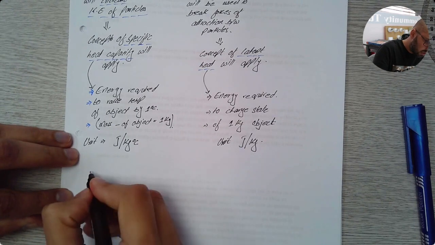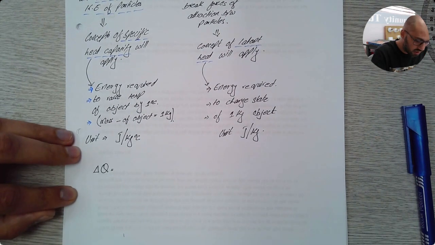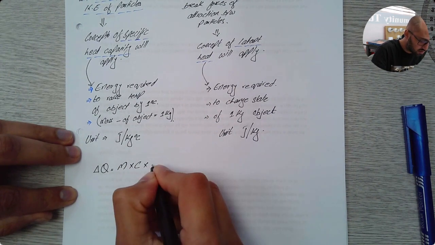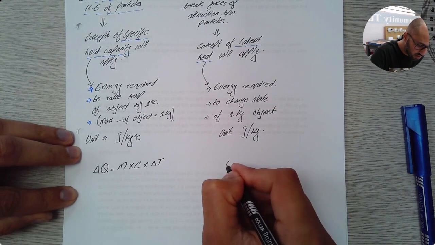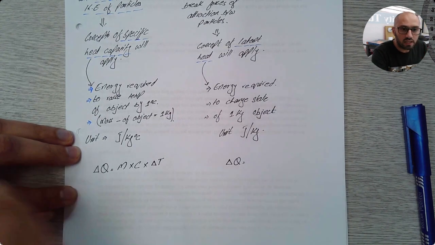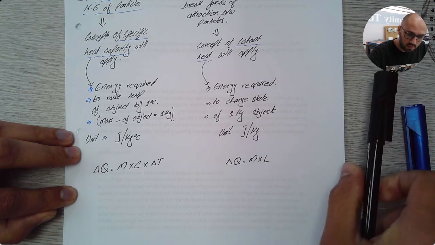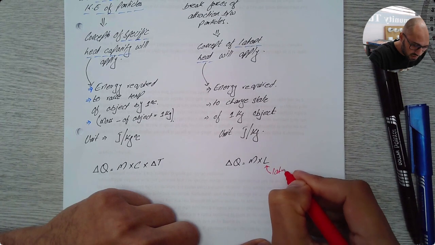Both these concepts have their own equations. The amount of energy supplied, which is given by delta Q, is equal to mass times specific heat capacity times change in temperature. Whereas the second equation is energy supplied equals M times L, where L is my latent heat.